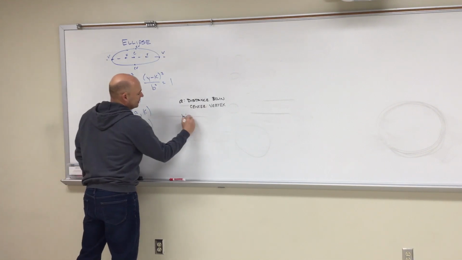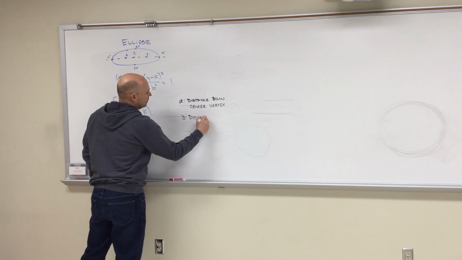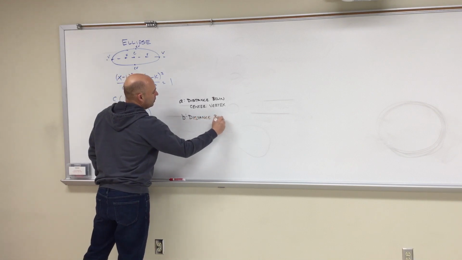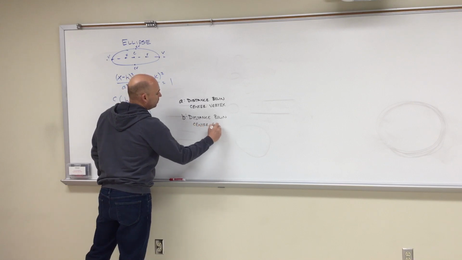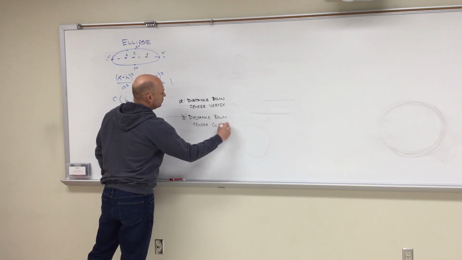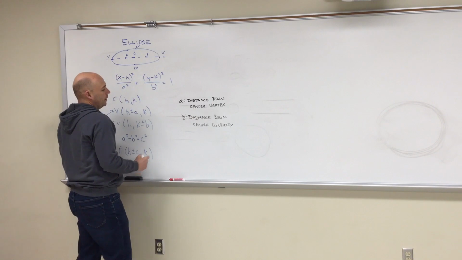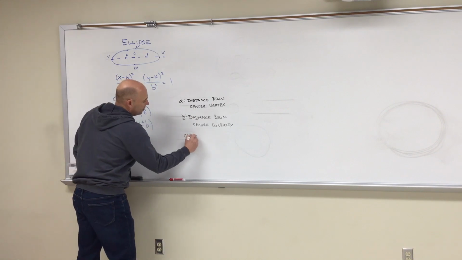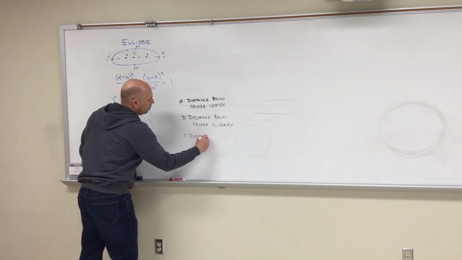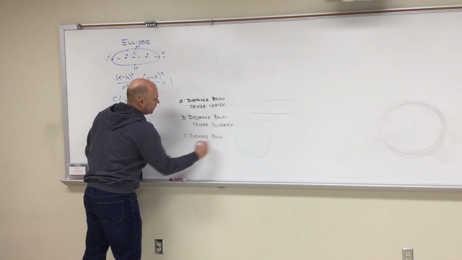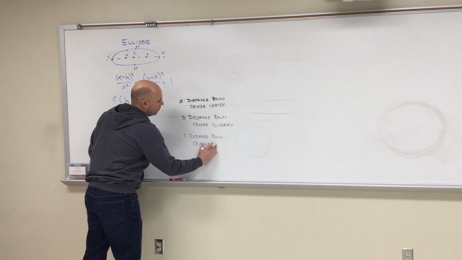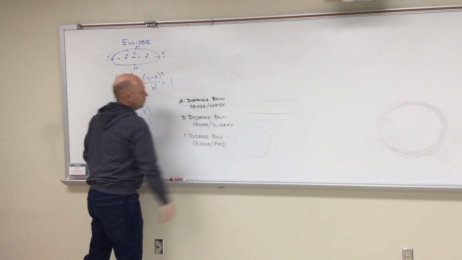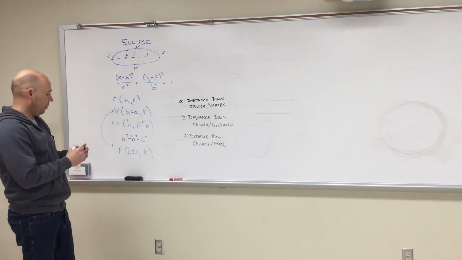B is the distance between center and co-vertex. And C is the distance between center and foci. Okay, those are the three things you need to know.